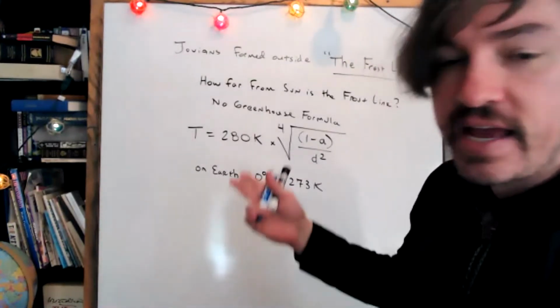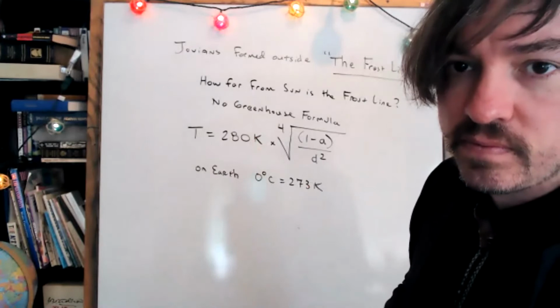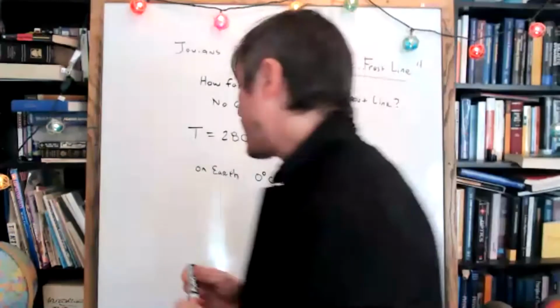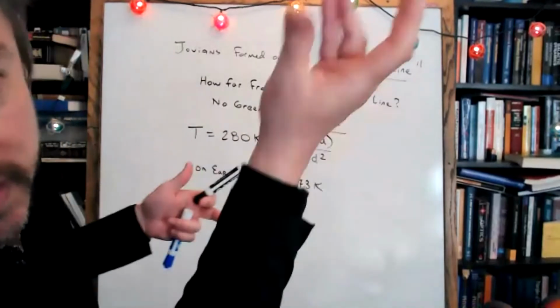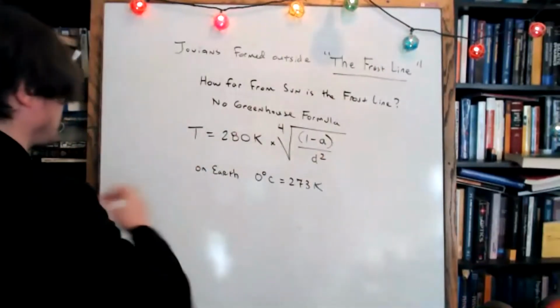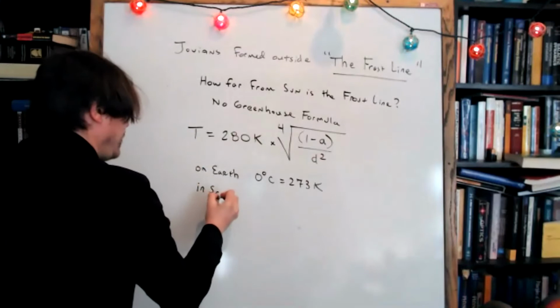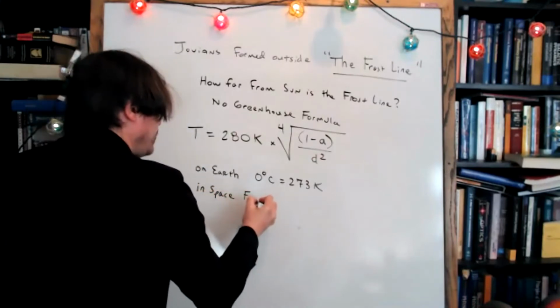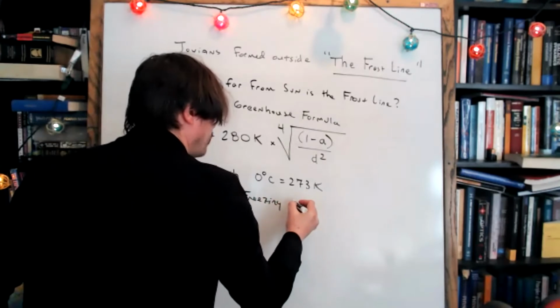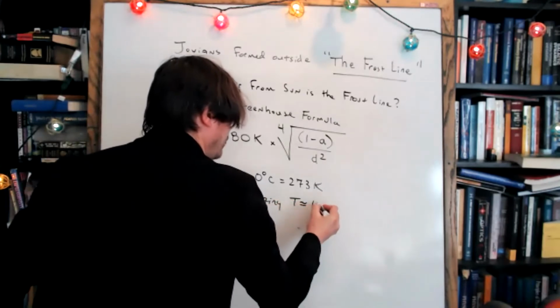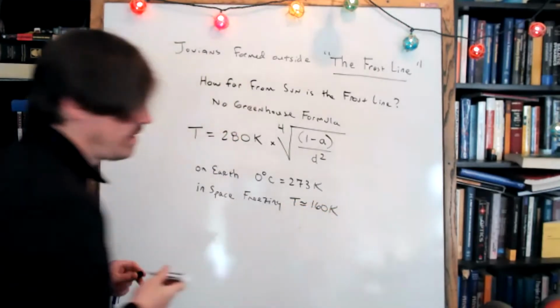Exactly. So the freezing point would be smaller, like colder. In fact, when you do the research and you either calculate it or you take a sample of stuff into the vacuum of space, the freezing point of water is roughly, I only know it in Kelvin, 160 Kelvin.